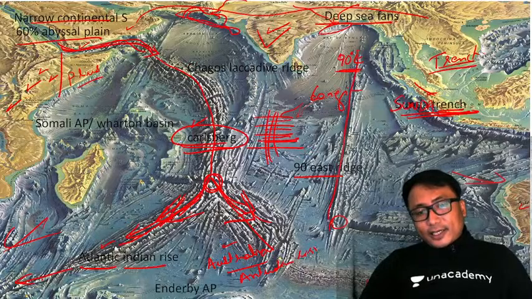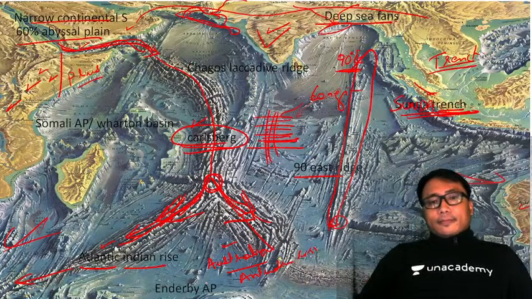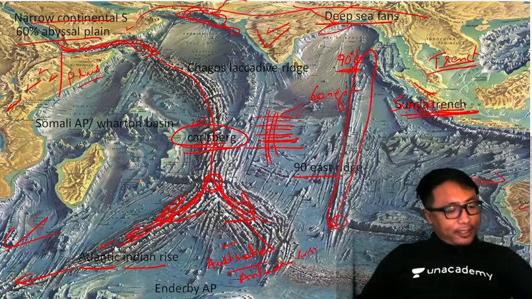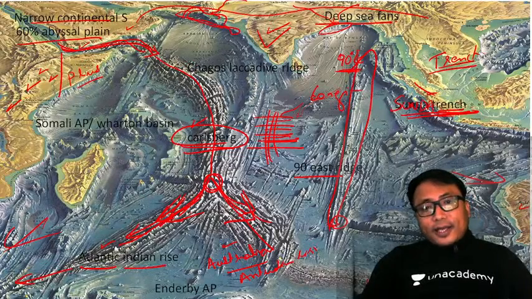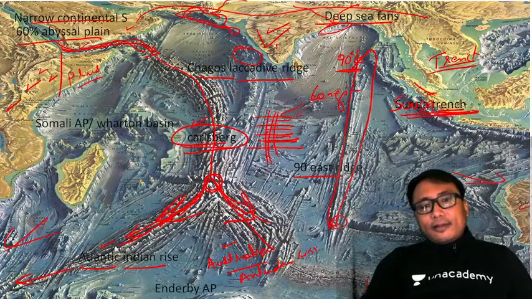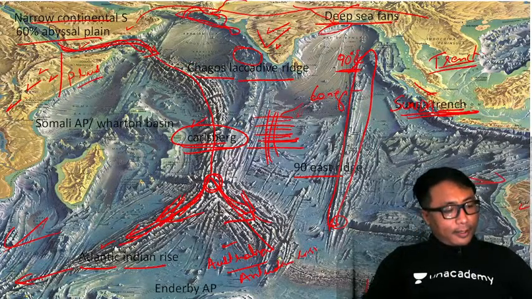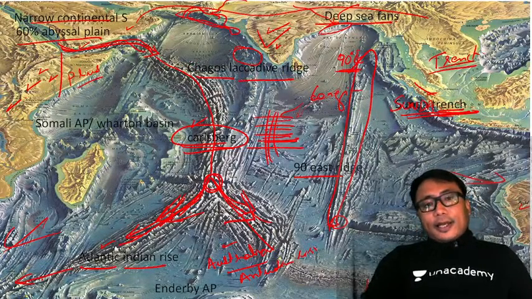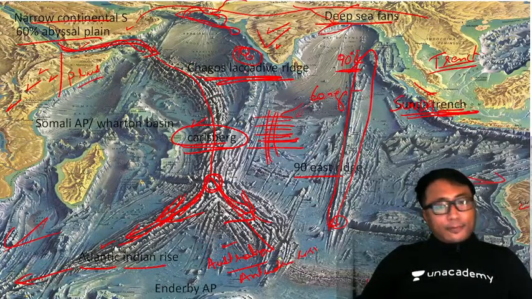You will find it like this. Another important characteristic is that you will find the Chagos-Laccadive Ridge in this region, southwest of the Indian Peninsula. Clear? Here there are many island systems, the Lakshadweep island system also.